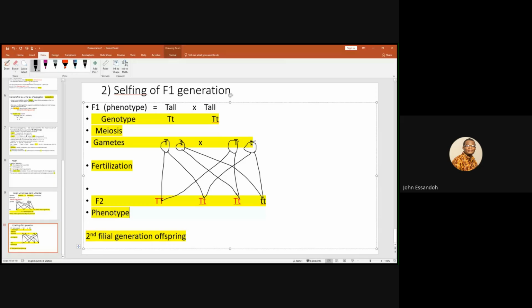In terms of ratio, you can see 3 tall. All the highlighted part are tall, and this non-highlighted part becomes what? Short.